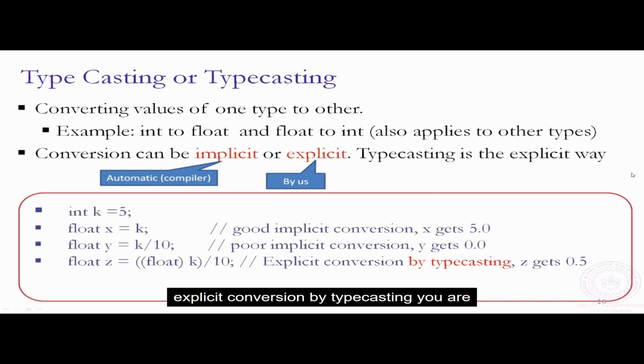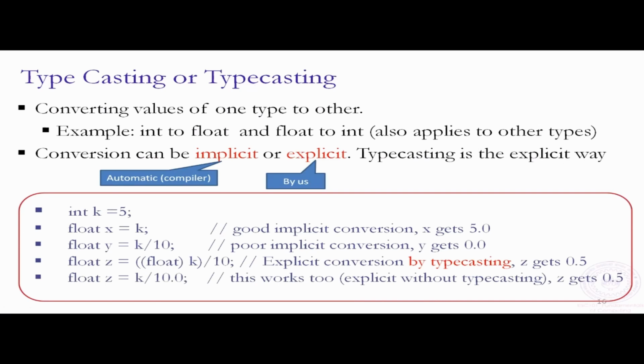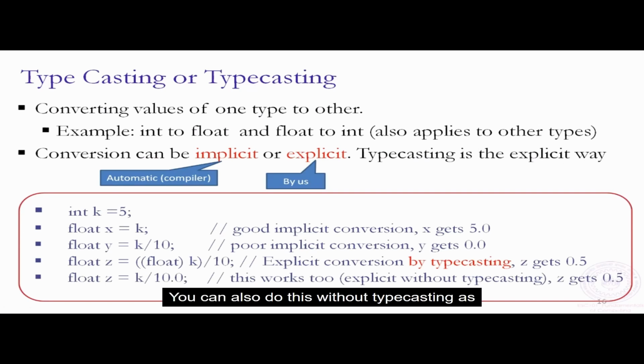So with explicit conversion by typecasting, you are able to save your information and push it into your new declaration. You can also do this without typecasting, as we saw on the previous slide, by just converting this value into a float rather than keeping this as an integer. So whatever gets the job done.